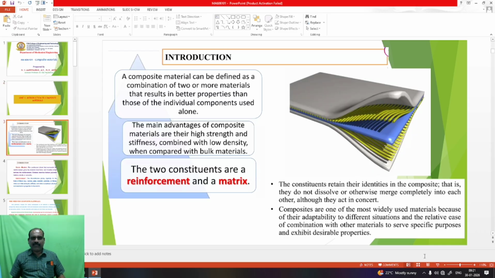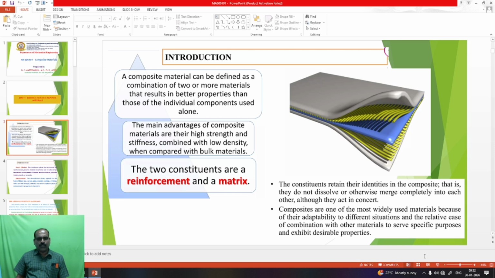Composite materials can be defined as a combination of two or more materials that results in better properties than those of individual components used alone. The main advantages of composite materials are their higher strength and stiffness combined with low density when compared to bulk materials.